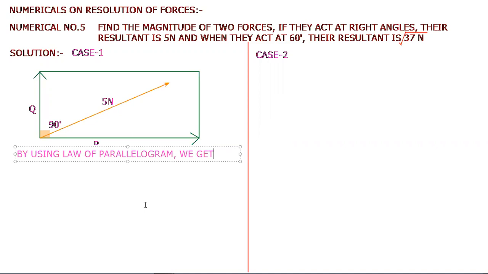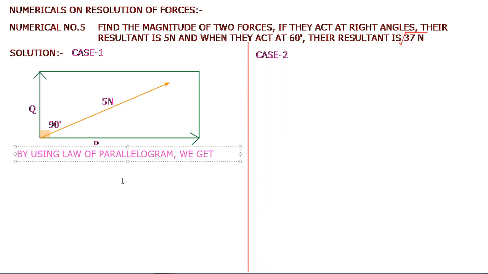That you should write in subjective paper, if your paper is subjective. If your paper is objective, you can solve this numerical on the rough paper quickly if you have the multiple choice questions. Now here, we are solving this by considering it as a subjective paper.